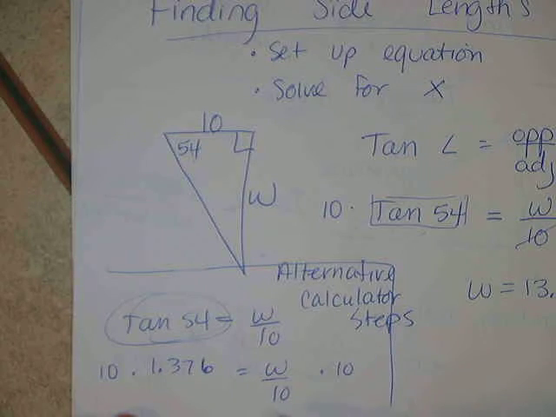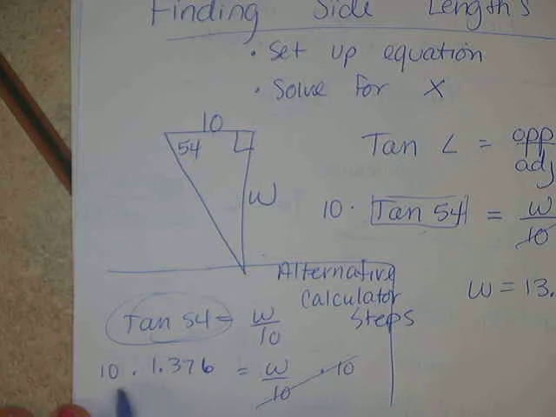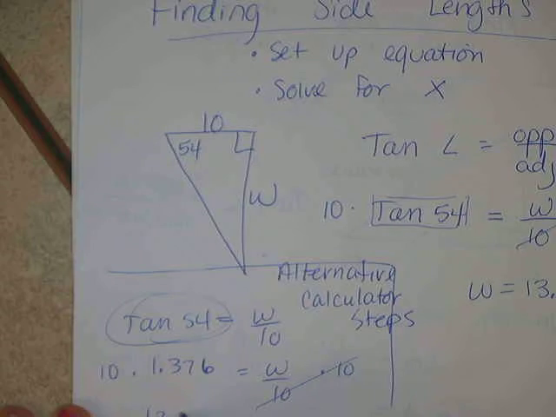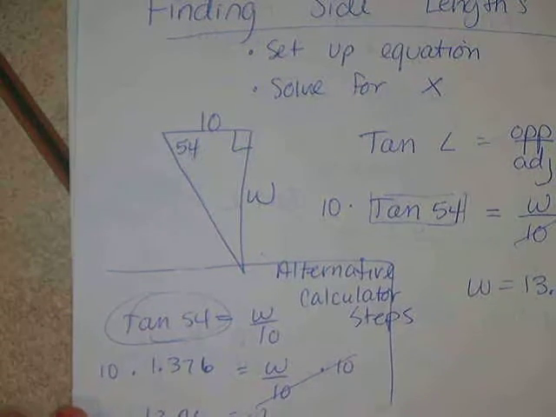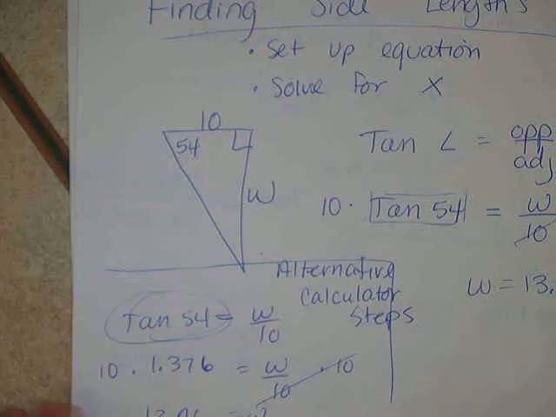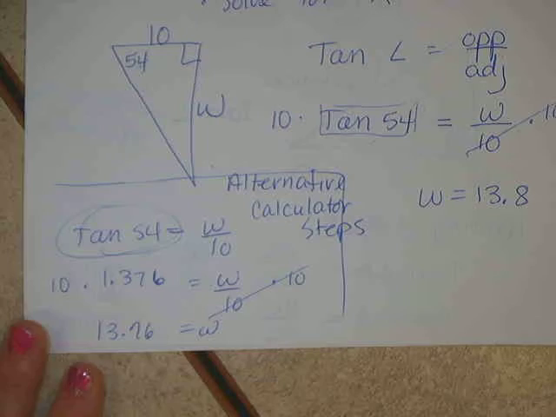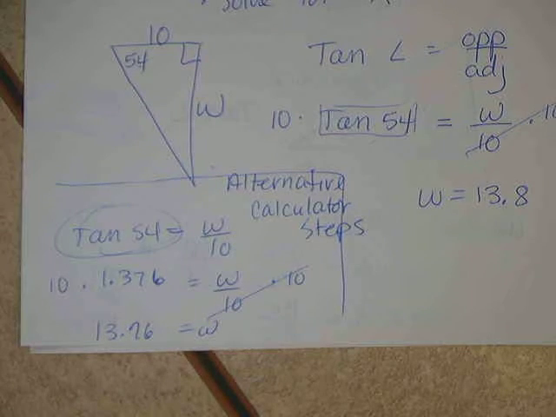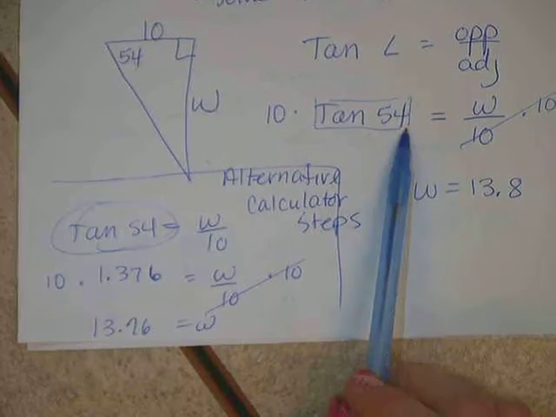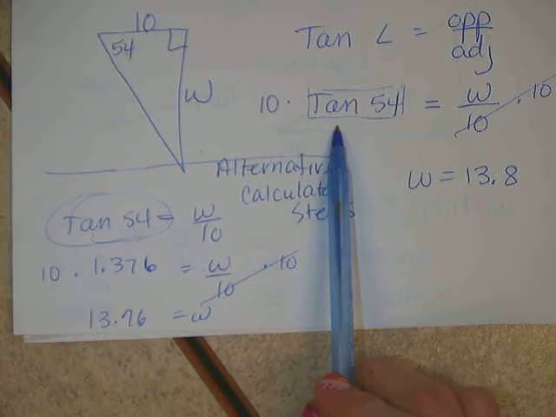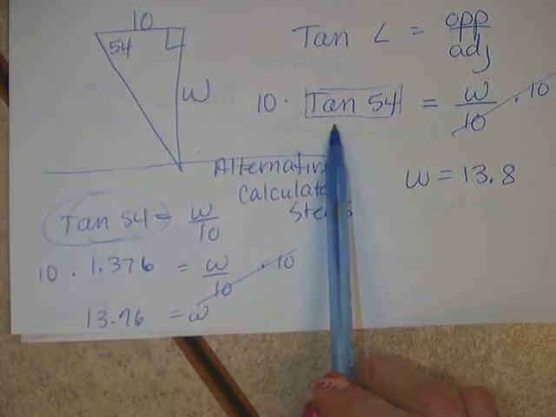That would be W over 10. So if you want to jot that decimal down, if you feel better about that, or if you understand it better, you can do that. Then you would multiply both sides by 10 to get W by itself. So when I multiply this by 10, I get 13.76, which should be rounded to 13.8.